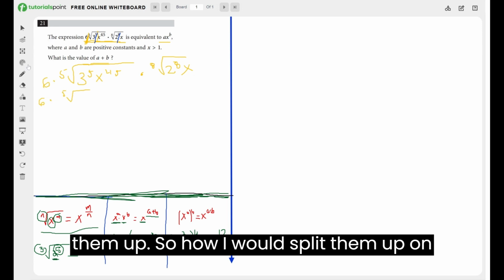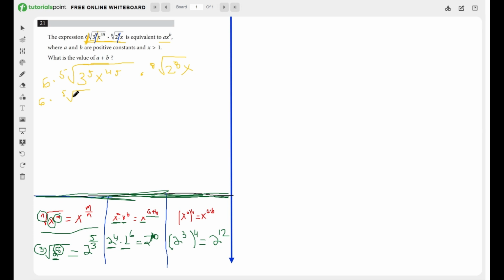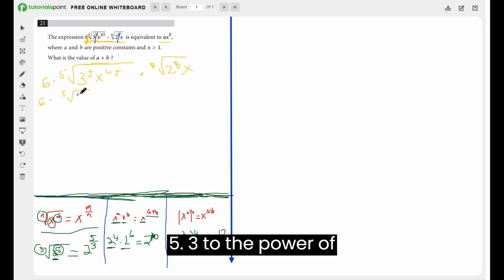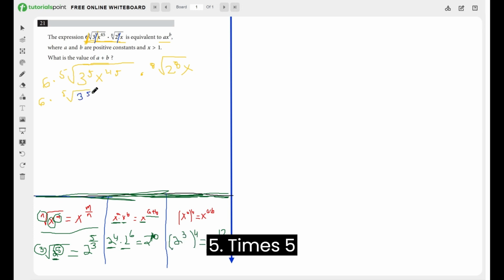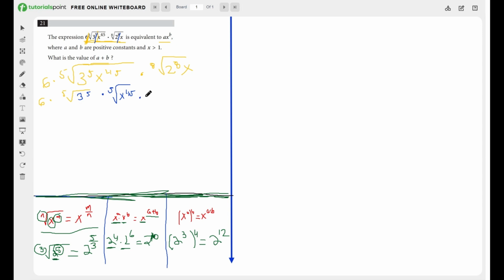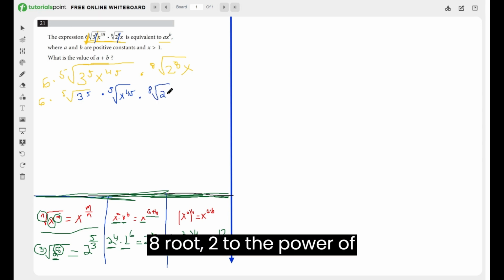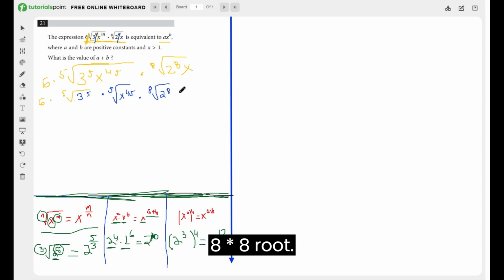So you do the 5th root of 3 to the power of 5 times the 5th root of x to the power of 45, times the 8th root of 2 to the power of 8 times the 8th root of x.